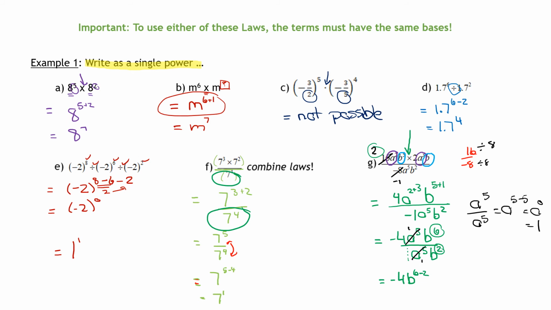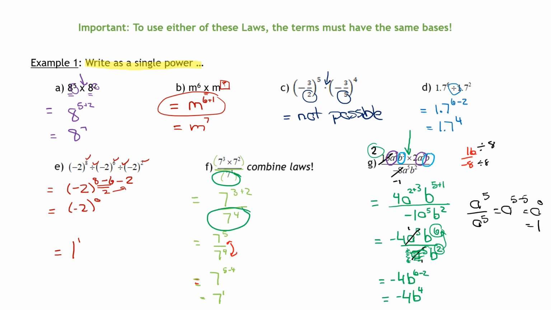My denominator, this 2, I brought it up here with the 6. The a is gone, so we don't have to worry about that. And this was a 1, and I don't have to write 1s divided by 1. So all I had left was the b to the power of 2 in the denominator, and I brought that up by subtracting it. So I don't have a denominator anymore. What I have is negative 4 b to the power of 4.